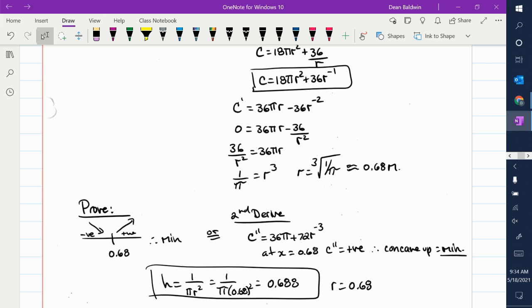Any questions about that? Because I divided this off to here and multiplied the r cubed. Okay? Going like this.